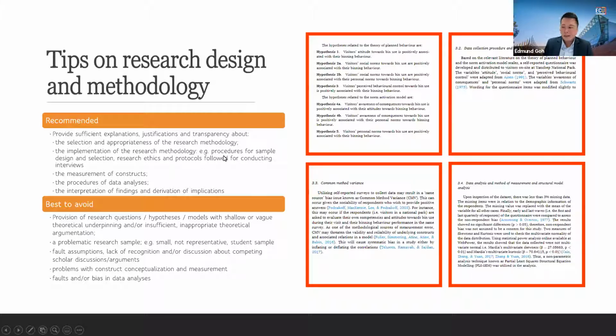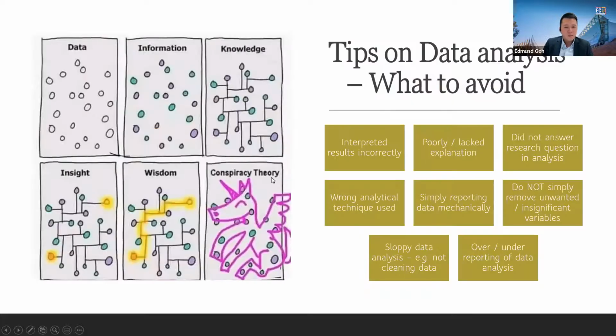All right, and next, we have data analysis. This is something I always talk about when you're writing up your data analysis for JHTM. There are a couple of things to look out for. One, you need to make sure that what you have interpreted from the results is correct.